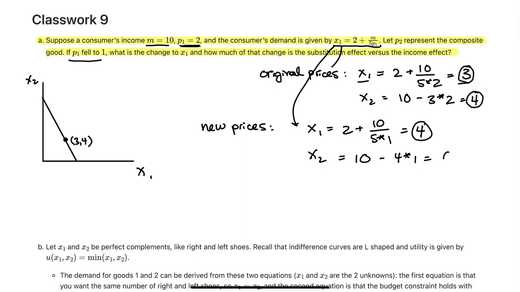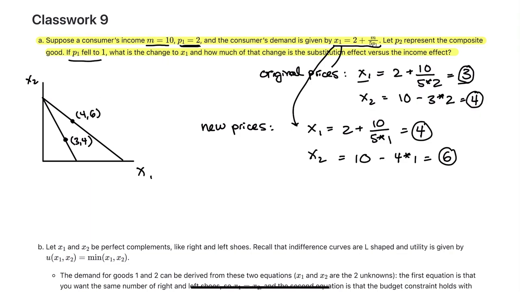So we have $6 left over to spend on other goods. So now we're at the new prices. When the price of good 1 falls to $1, now we buy 4 of good 1 and 6 of good 2. Here's our example of the price falling. Budget constraint where the price is falling for good 1, pivoting out like that. And now we find ourselves at 4, 6, right up here.